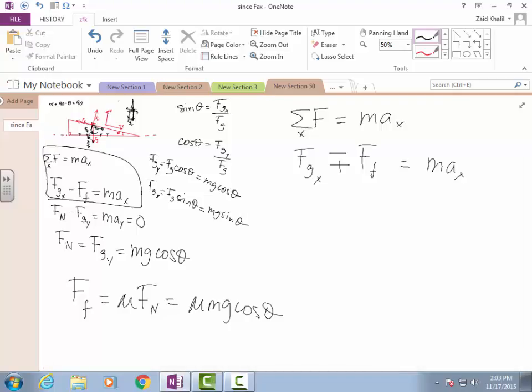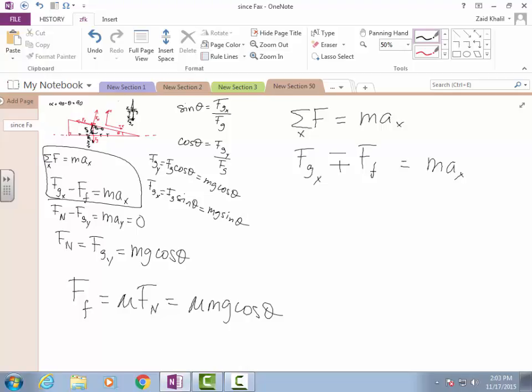Correct. If I'm pushing this up the hill, let me actually use something that has friction. So this guy. So, I push this up the hill. Which way is friction directed? Down the hill. I push this down the hill. Which way is friction directed? Up the hill.